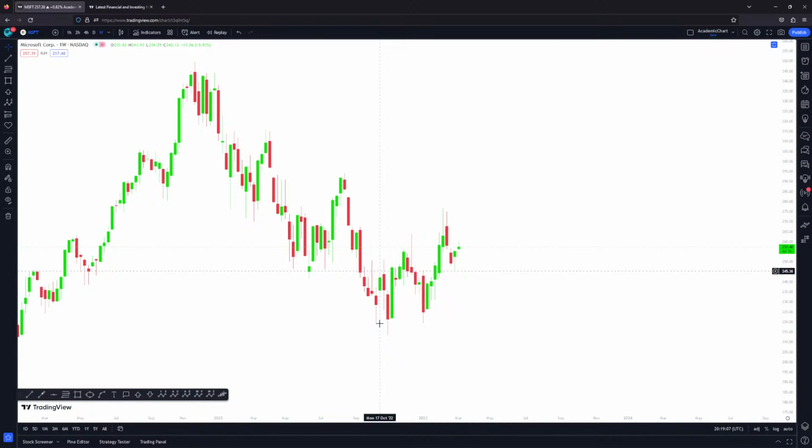Again, a lower low. Here I have a higher low, and I've not seen a lower low anymore. So by just looking at the waves, we can see how trends are going to be. And after this higher low, instead of a lower low, I'm seeing a higher high.